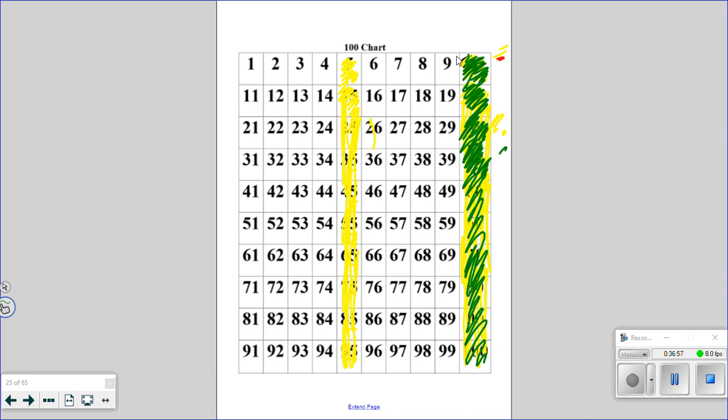Beautiful. Bowen noticed that our 5s end in either a 5 or a 0. What about our 10s? They only end in a 0. So if I'm skip counting by 10s, will I ever land on the number 82?